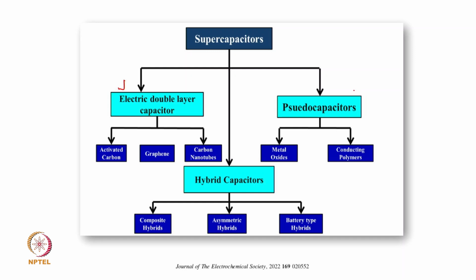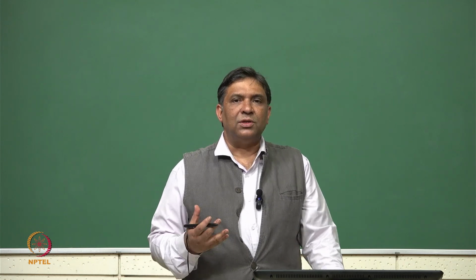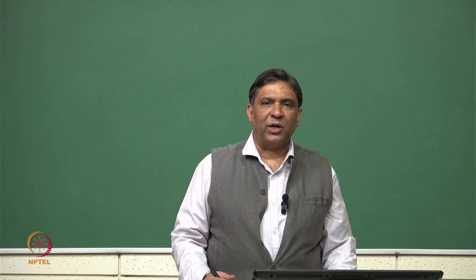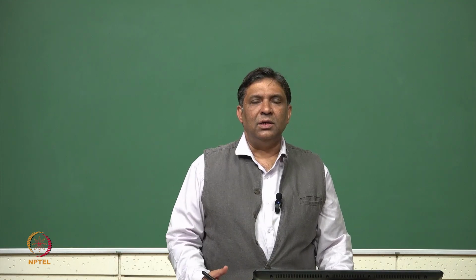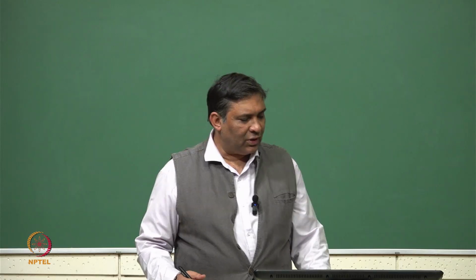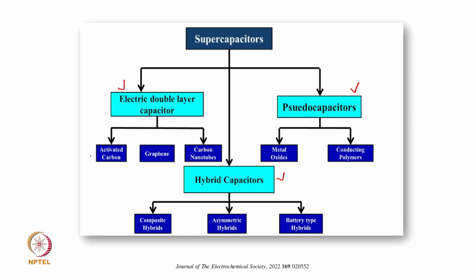Another is pseudo capacitors, and the third one is hybrid capacitors or supercapacitors. So, what are the basic differences in terms of the material used in the three types? The EDLC, or electric double layer capacitor, uses activated carbon, graphene and carbon nanotube.